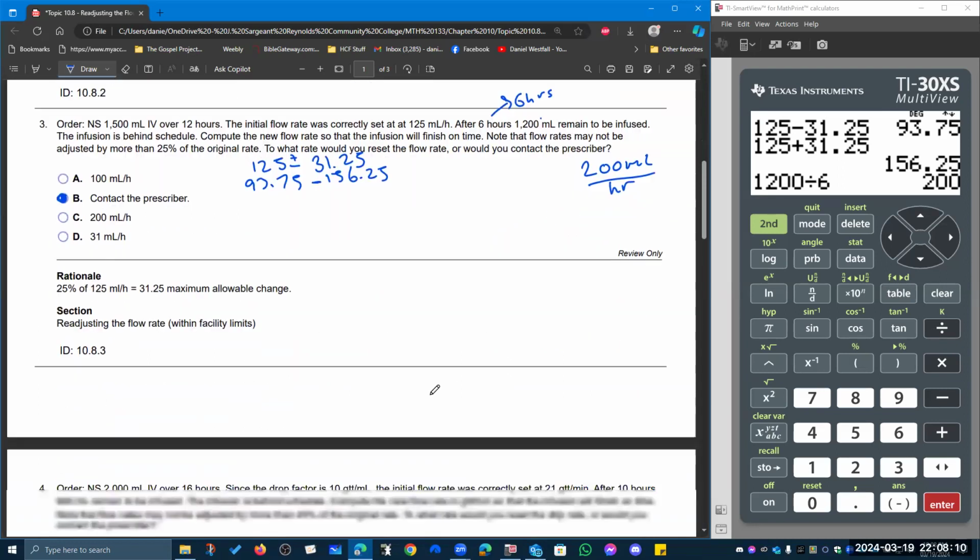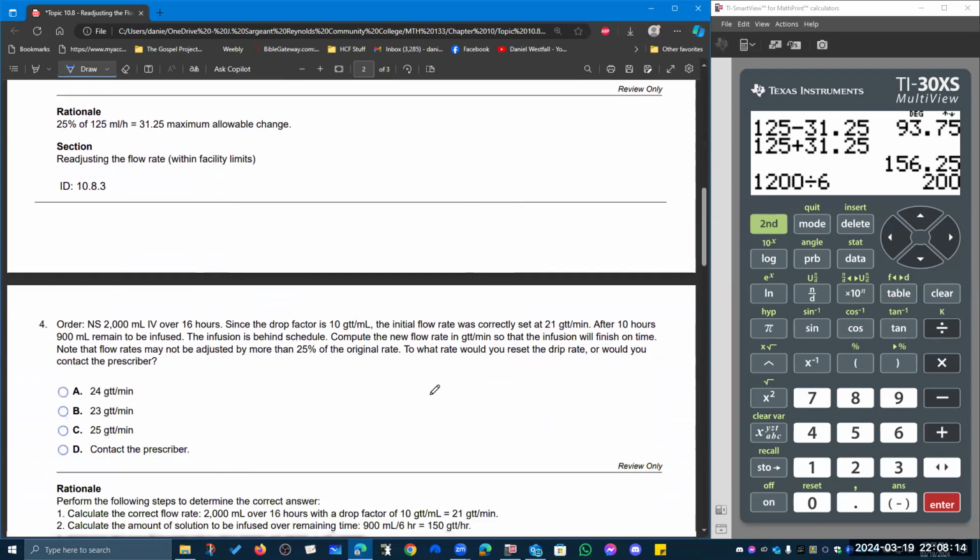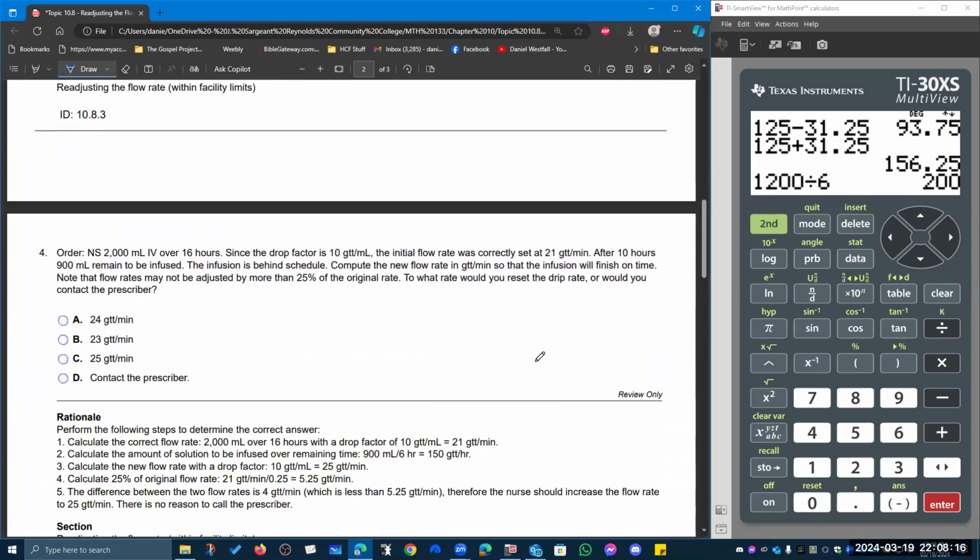So let's see here that the initial flow rate was set at 21 drops per minute.